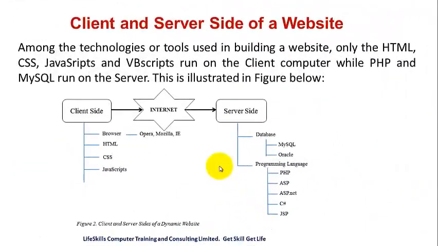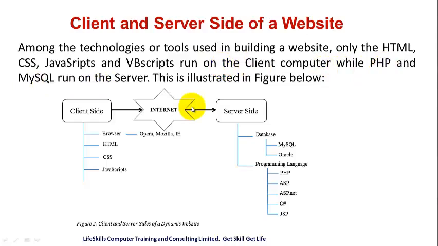Now, before we round up this session, let's look at the client and server side of a website. Remember, I mentioned client earlier on and I explained server. Among the technologies or tools used in building a website, only HTML, CSS, JavaScript or Visual Basic script run on the client computer, while PHP and MySQL run on the server.